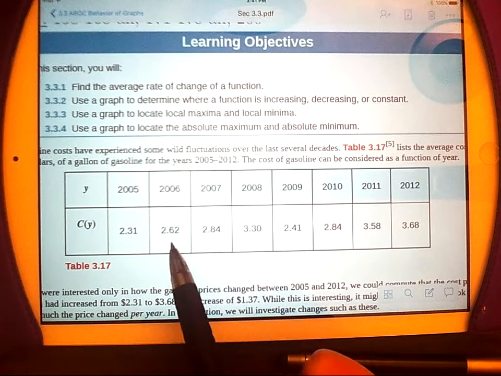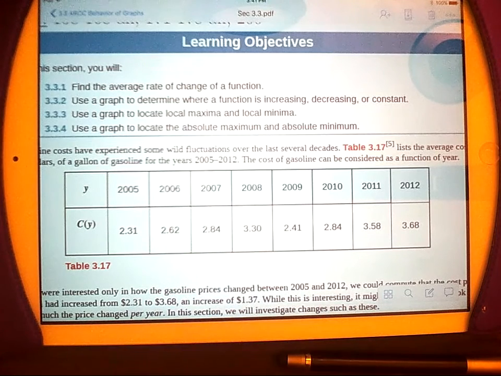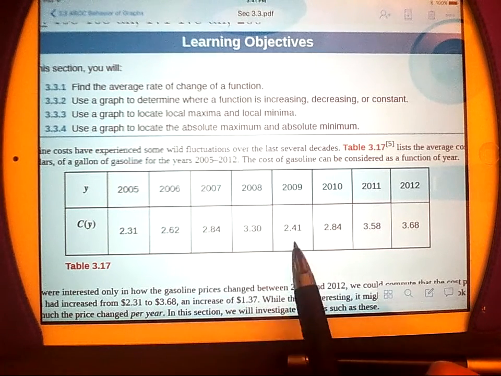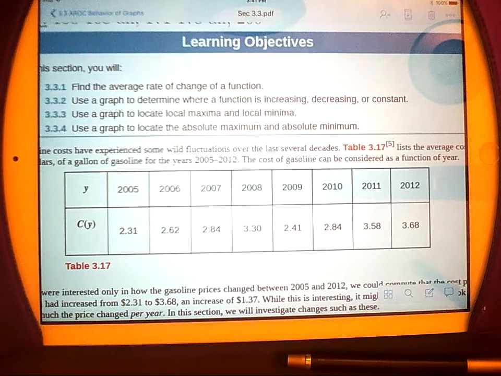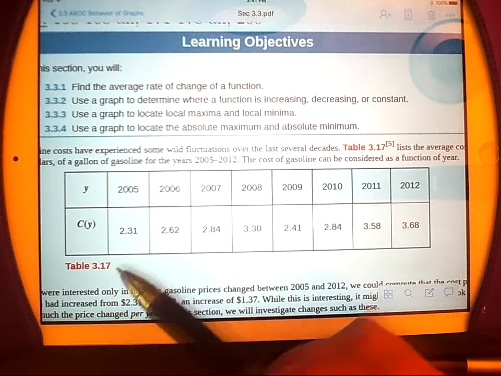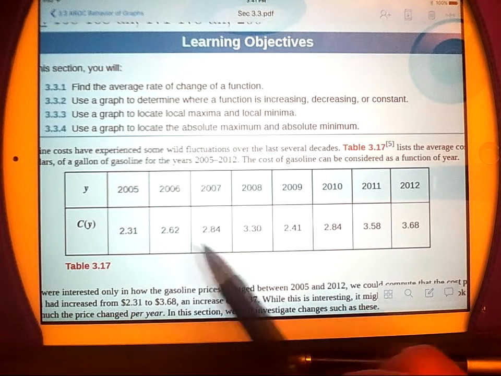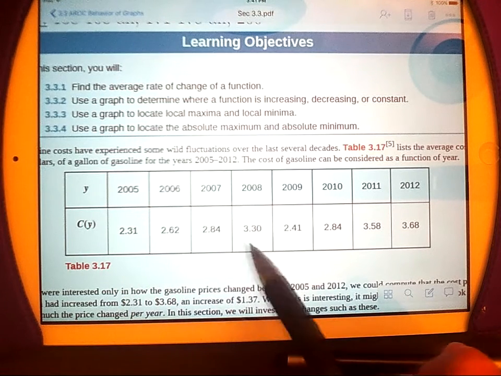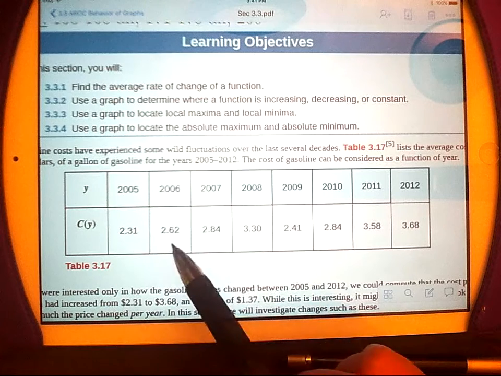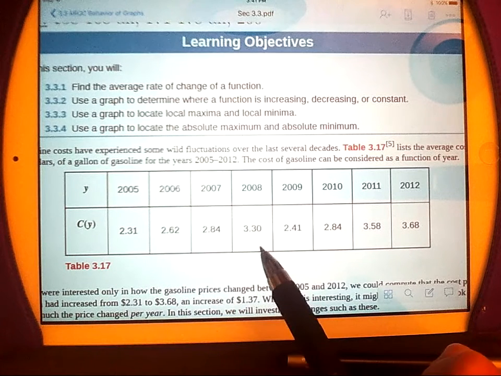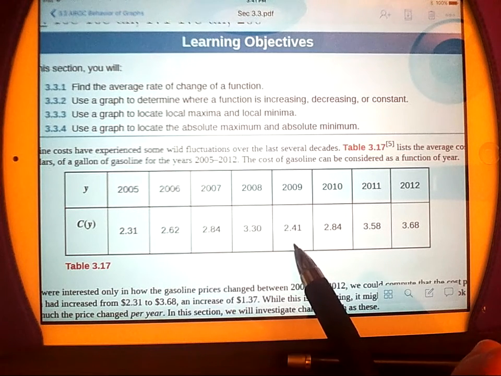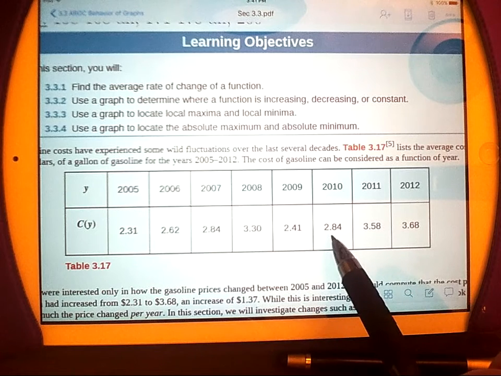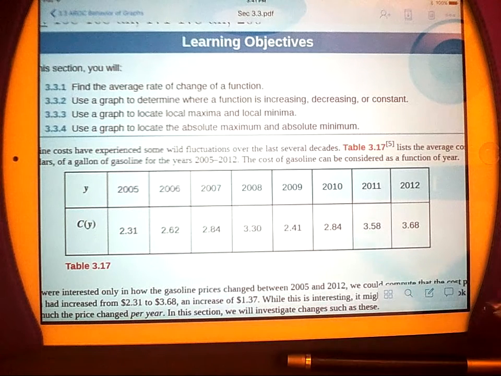In 2006, $2.62, etc. And we can see that the function's increasing. Every year, the gas is going up. In 2009, it does go down, but then it comes back up again, up and up.